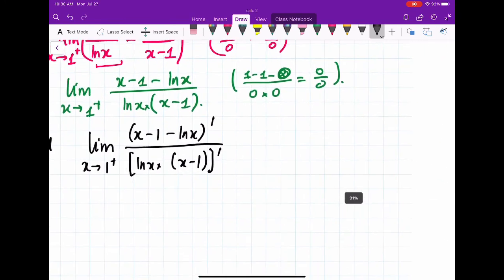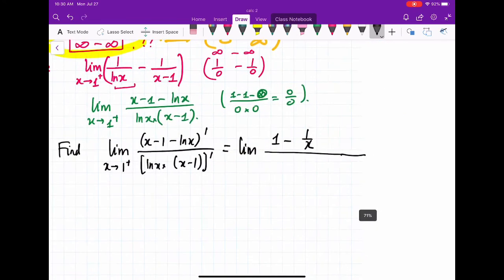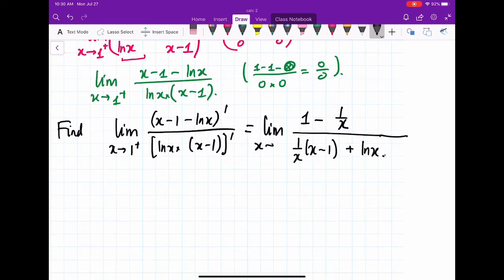So let's differentiate this. I get limit of 1 minus 1 over x, right? And here I need to use the product rule. ln of x derivative is 1 over x times x minus 1 plus ln of x times 1, when x approaches 1 plus. All right, so what do we get? We have 1 over x here. Let's write that in a more beautiful way.